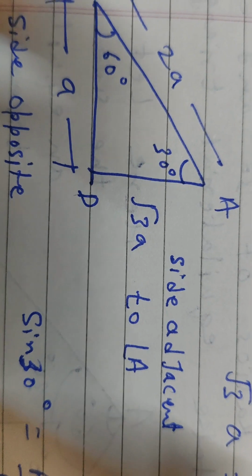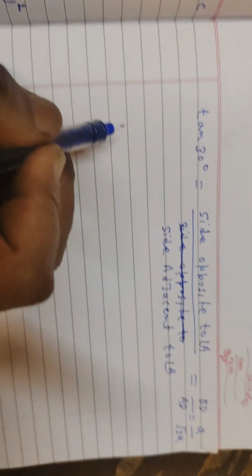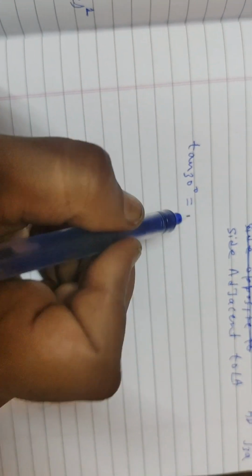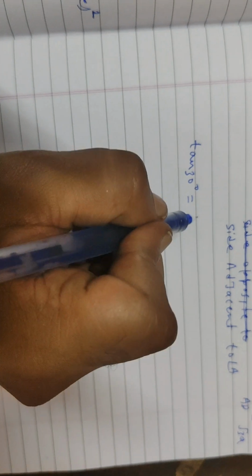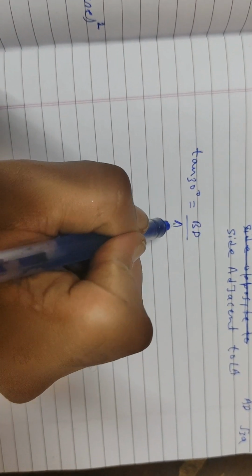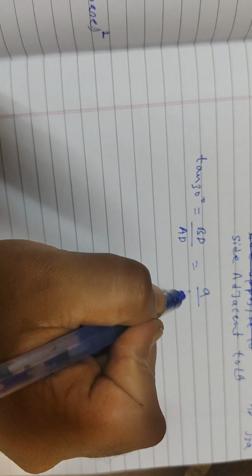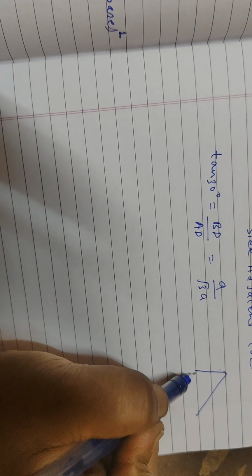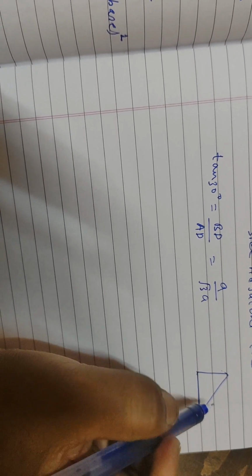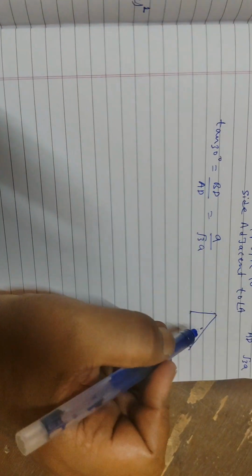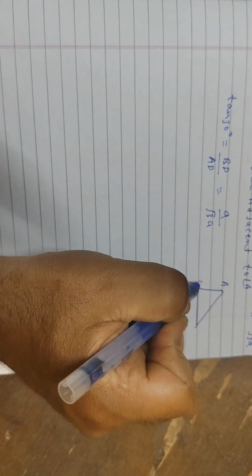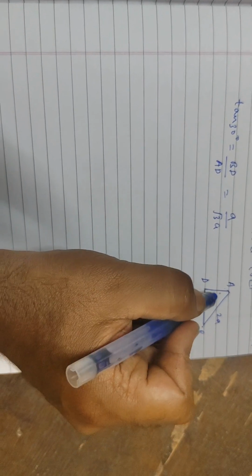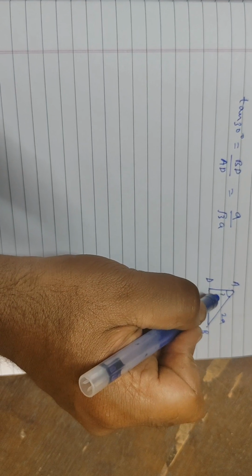So here tan 30 is equal to BD over AD, A over root 3A. We make the figure easily. Here the figure is A, D, B, 2A and angle A is 30.